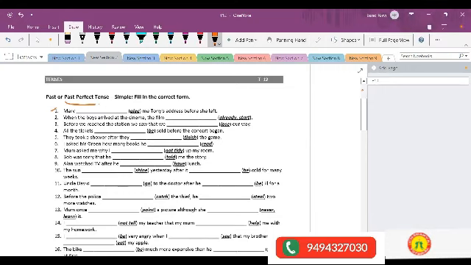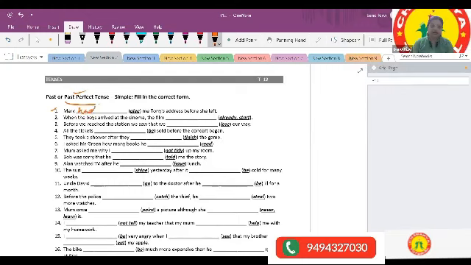Mary gave me Tony's address before she left. You have to use past perfect. Mary had given me Tony's address before she left. Yeah, had given.